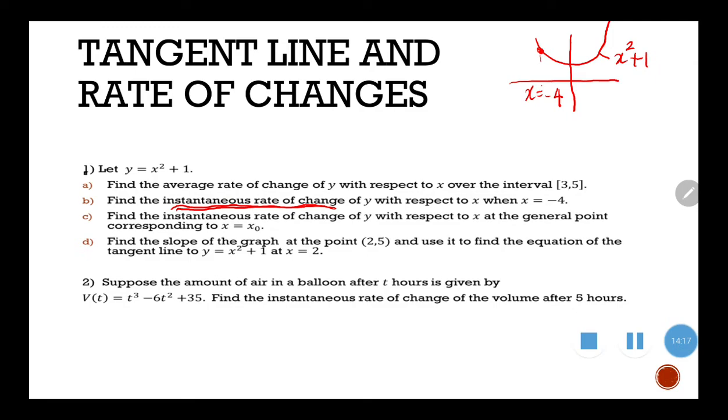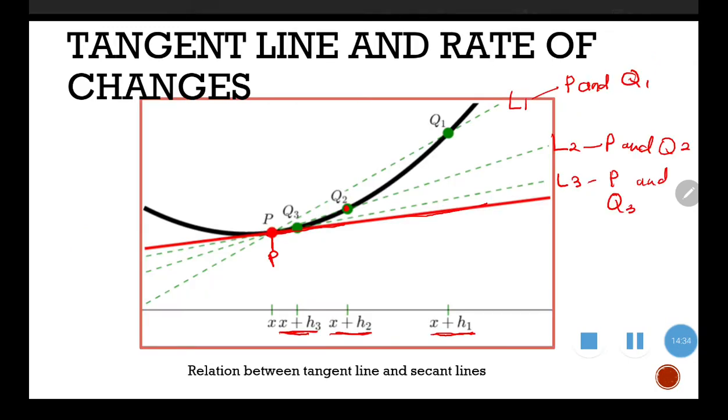So we want to find the value of the point where the curve x squared plus 1 touches when x is -4. So how to find it?